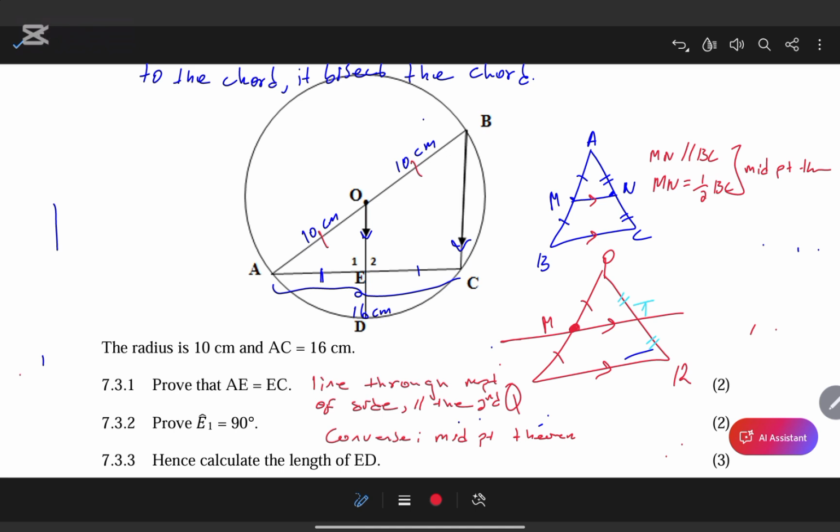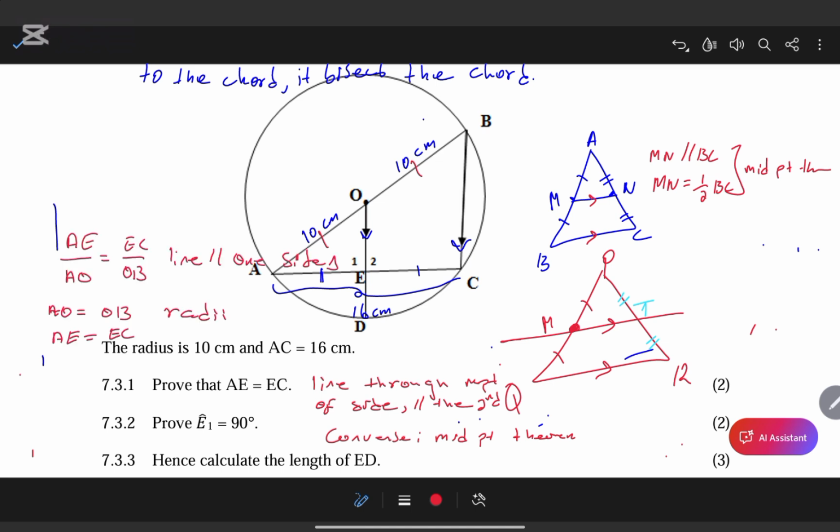There are many other ways which you can also solve this problem. I saw some learners, they also apply the proportionality theorem. Remember the proportionality theorem that we just did, what it says. If there is a line parallel to one side of a triangle, that line divides the other two sides in the same proportion or in the same ratio.